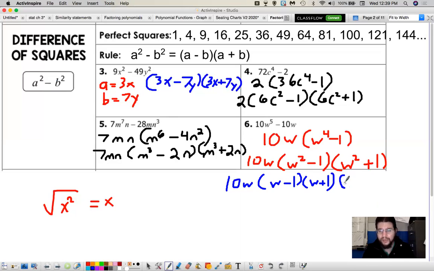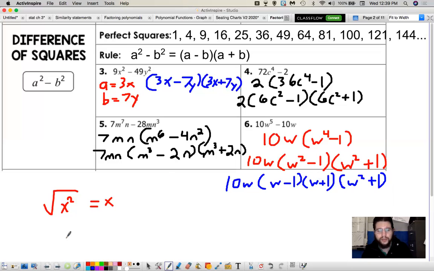So leave it as is. So always, always go back and check. Make sure there's nothing else you can do with these. If it's the difference of squares or somehow there's a GCF you missed, go back and check. Okay. Now there's nothing else we can do.